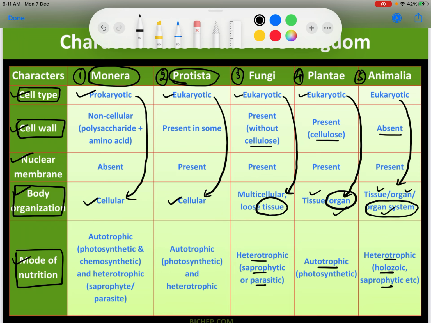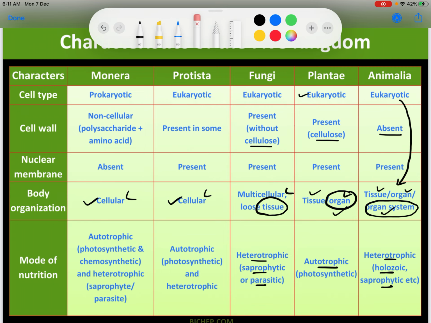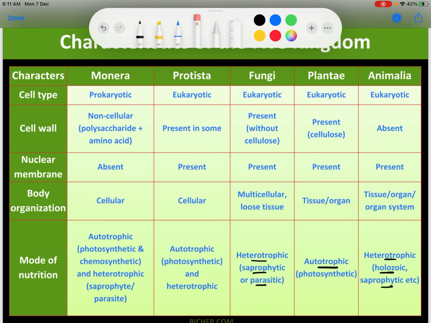So, this level of organization we have already covered in chapter number 1, in the very first lecture. So, these are the basis of the classification named 5 kingdom classification. Ready? These are the few aspects which have been considered by R.H. Whittaker to classify the organisms into 5 kingdoms.